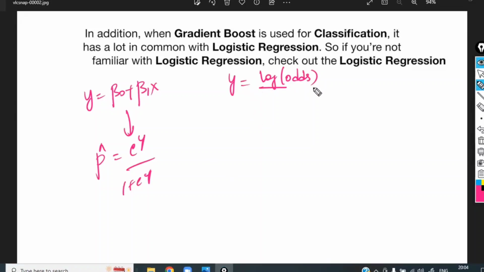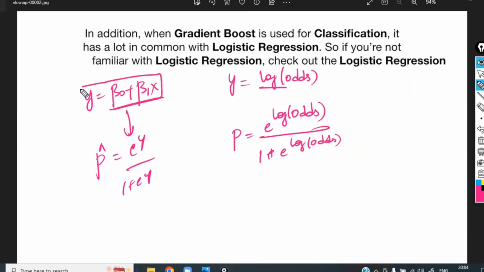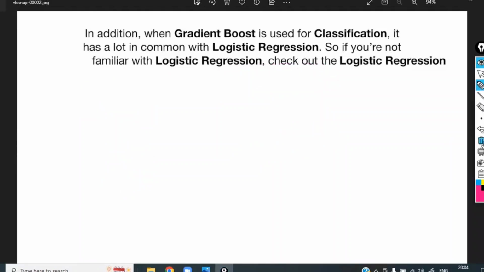So y is nothing but log of odds, and p is calculated as e to the power of log of odds divided by 1 plus e to the power of log of odds. The sigmoid function is common; only the difference is y. Instead of applying the linear regression y, we apply y equal to log of odds. All these things we are going to understand step by step.